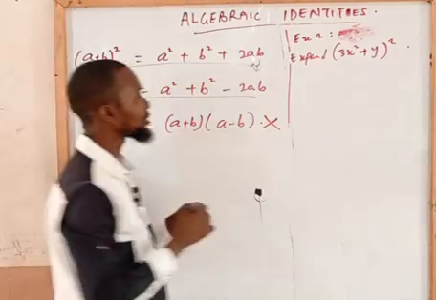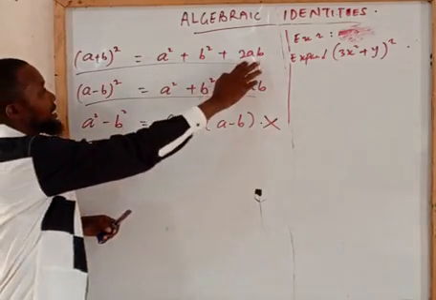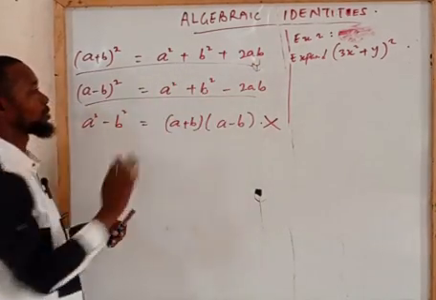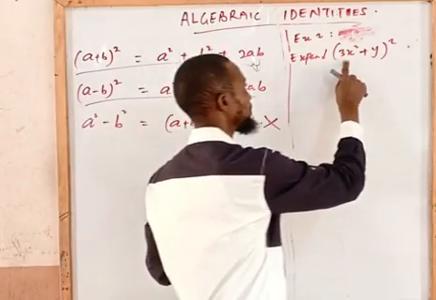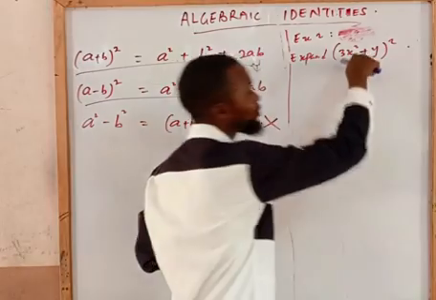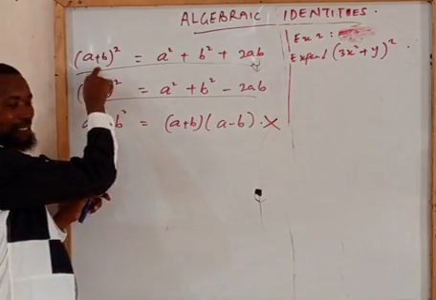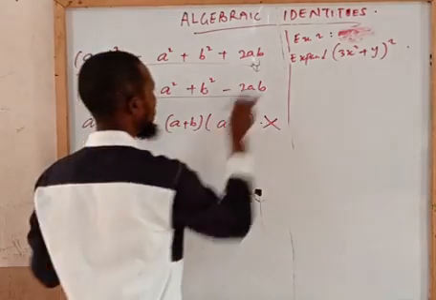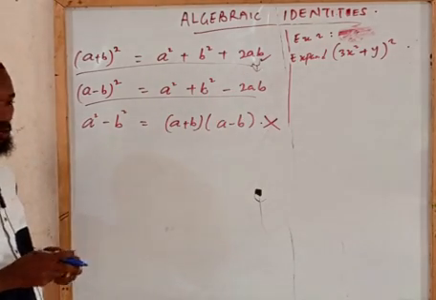Now the next thing is, even if it contains bracket, I can use either this one or this one. But which of the two am I going to use? It has to be the one that combines the first element with the second element with addition. And it is only this one that satisfies such requirements. So as a result, this is the appropriate identity for dealing with this question.